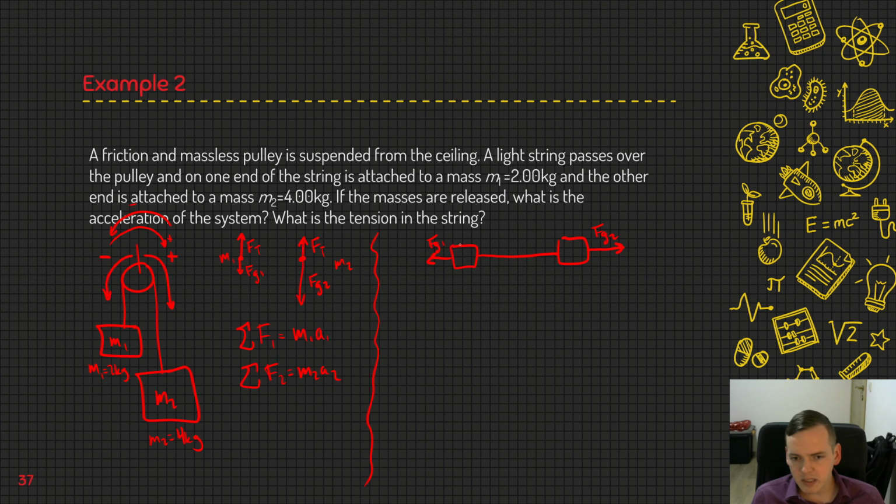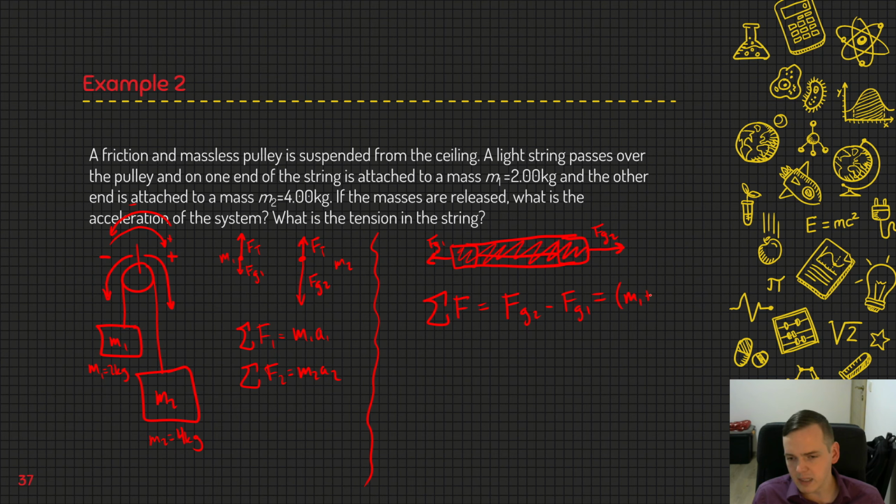So what this means is now we can treat this as a single system, basically one big object of M1 plus M2 that's being pulled to one side with FG1, being pulled to the other side with FG2. So imagine this is one big solid object. That means the sum of the forces would equal FG2 minus FG1. And that will equal MA. Well, what's M?